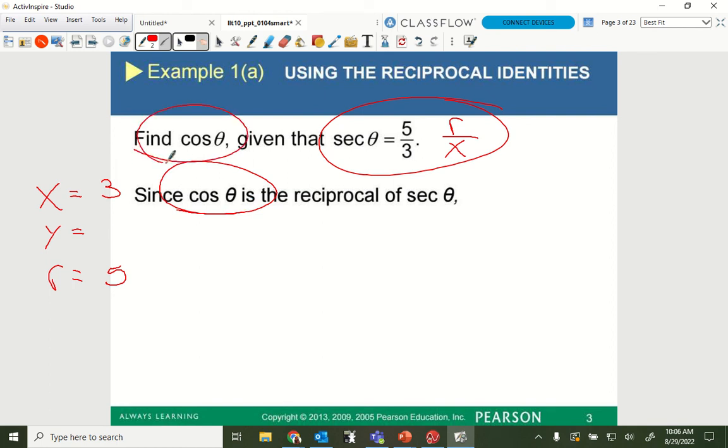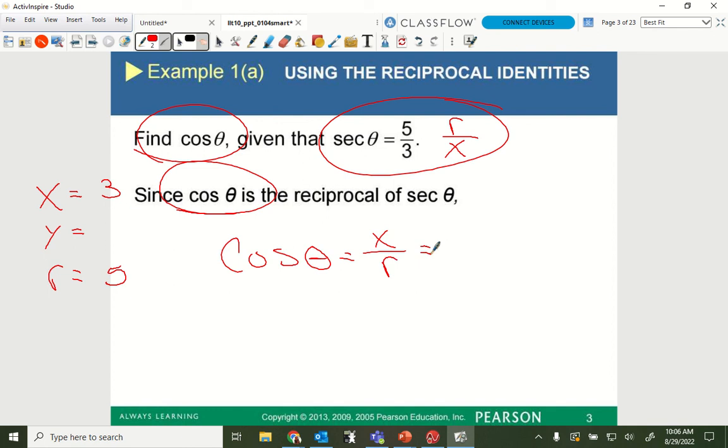We know cosine theta. What does cosine represent? X over R, very good. So you guys are staring at those notes also, right? That table of stuff is going to be super important. So this is X over R.